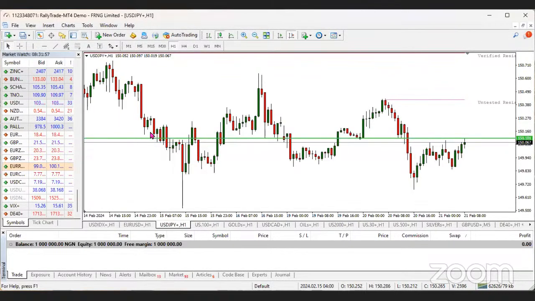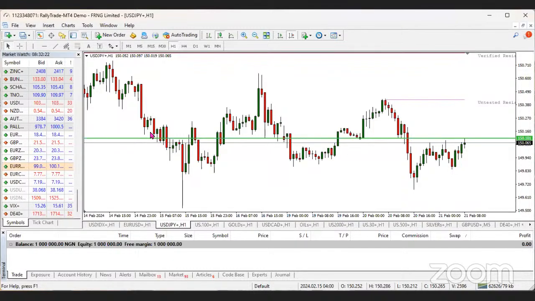above this line of 150.101, comfortably above this price of 150.101. Because you don't want your entry price to trigger and the market start retracing. So if the market is able to break comfortably, if this candle ends comfortably above this particular price, I'll be going in for a buy, because looking at where the market is, it's tilting towards a buy.